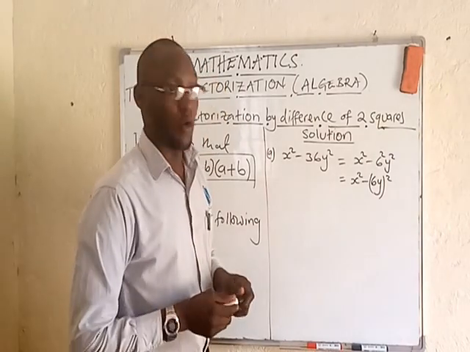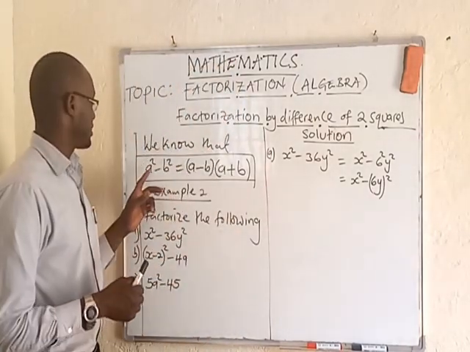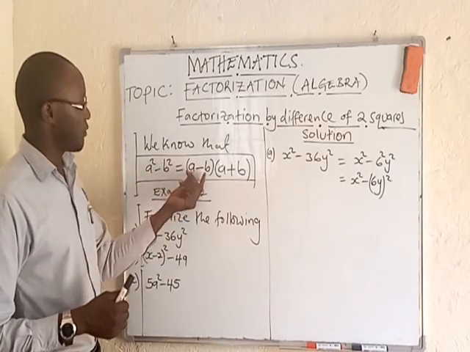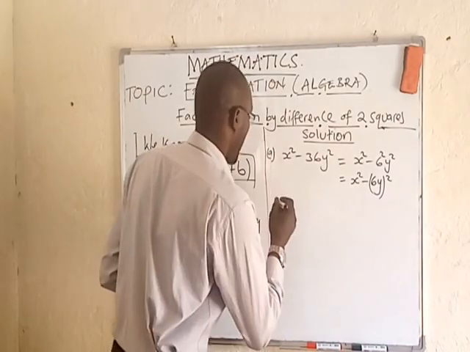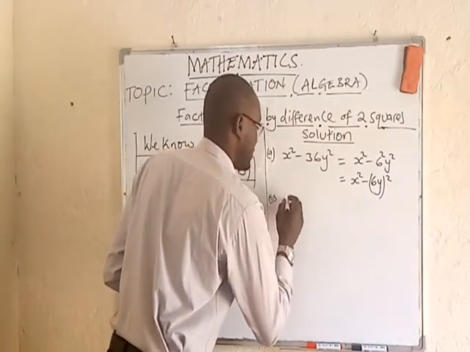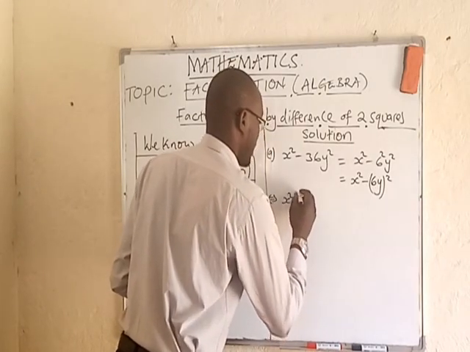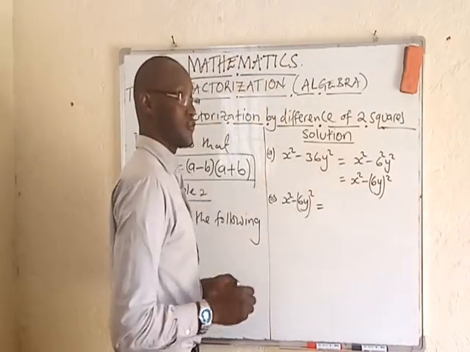Wonderful. So we have now come to the format of the difference of two squares. That is a squared minus b squared, exactly, which is simplified as a minus b, a plus b. So we have it here. So I can go and tell the examiner that this implies that my x squared minus 6y brackets squared can be simplified in the difference of two squares format.